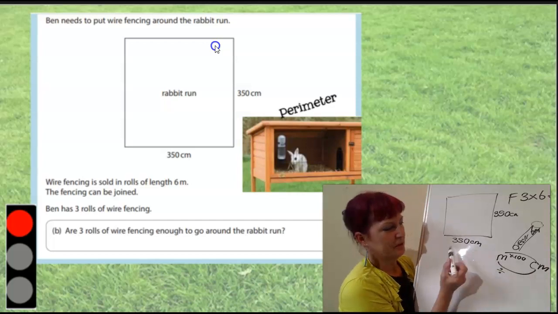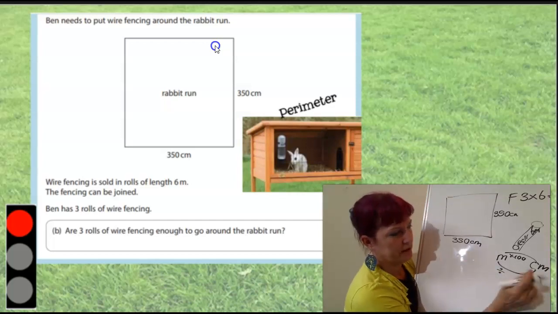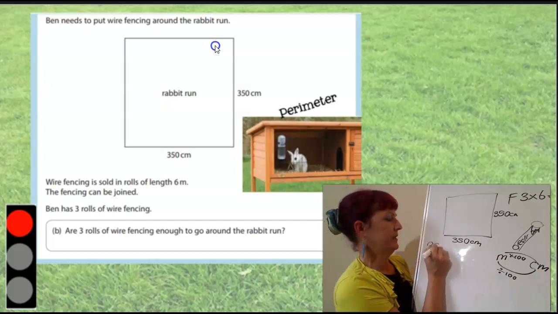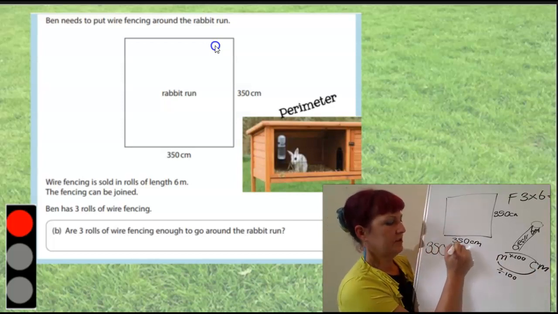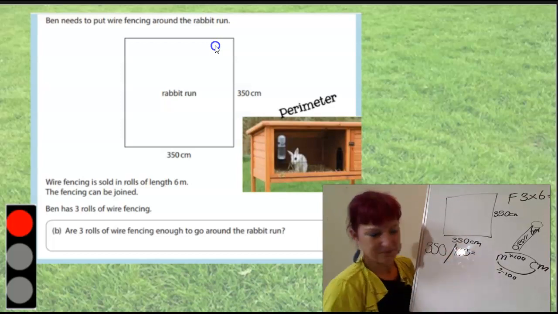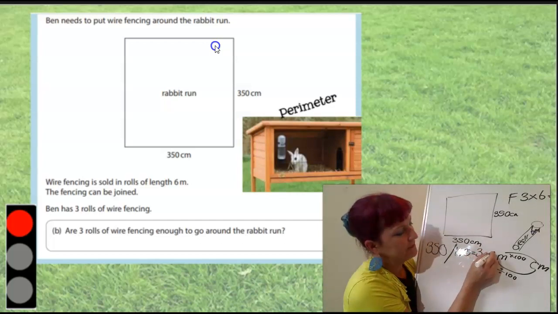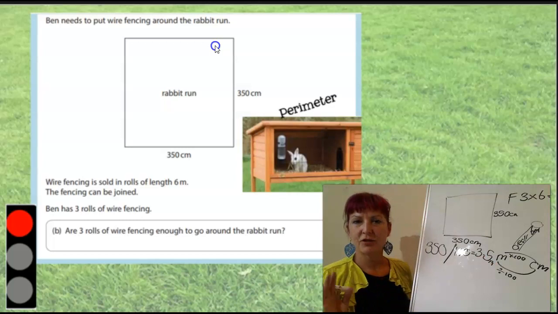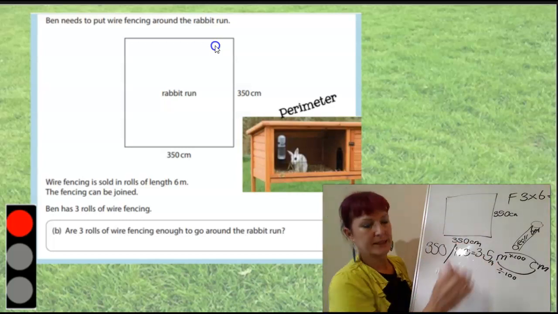So what I want to do is 350, that's my centimetres, divide by 100. And that will get them into metres. So 350 divide by 100 equals 3.5 metres. Brilliant.